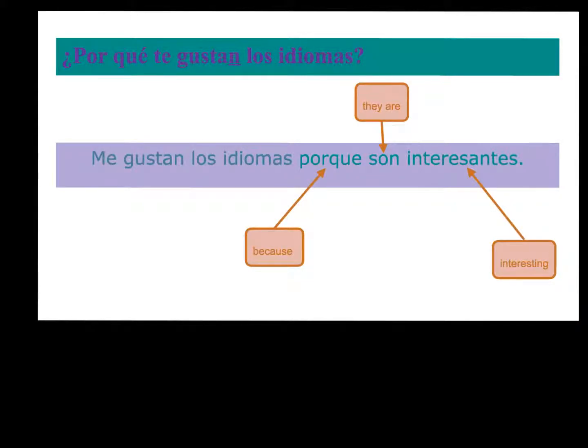And in the answer, the languages, they are pleasing to me, me gustan los idiomas, so I like languages. ¿Por qué? Well, of course, that hasn't changed, the word for because. But because they are interesting, es must change to son. And because adjectives, as we know, must agree with nouns in Spanish, what we are describing as being interesting is languages, and therefore we need to add an S on the end of interesantes. Me gustan los idiomas porque son interesantes.